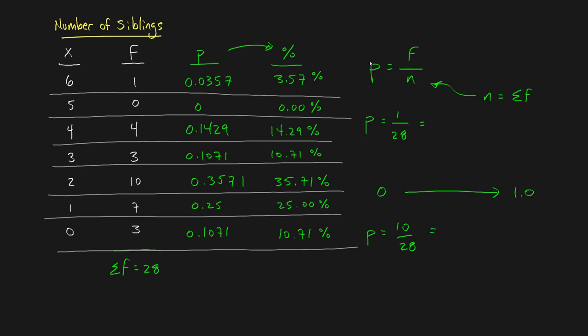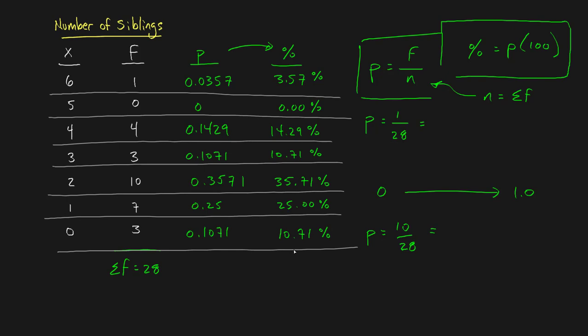So that's how you find proportions. And a percent is just equal to a proportion times 100. So these are the 2 formulas that I made use of to fill out these 2 columns here on the frequency distribution table.